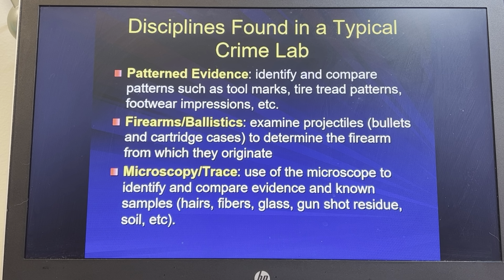However, it's also one of the most controversial disciplines because there's no long-term history of scientific experiments and math, a long history of it being used, like there is, say, with chemistry and with biology evidence and DNA. Pattern evidence is basically a person looking at two different patterns, one from the crime scene and one from a known sample, and then saying, yep, I think they match.